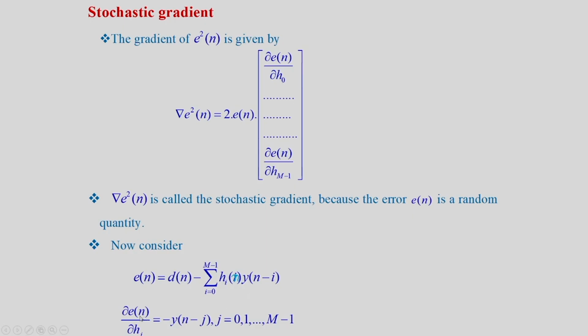Therefore, del En del hj is equal to minus y of n minus j, j going from 0 to m minus 1. So, the partial derivative of En with respect to hj is given by negative of y of n minus j.